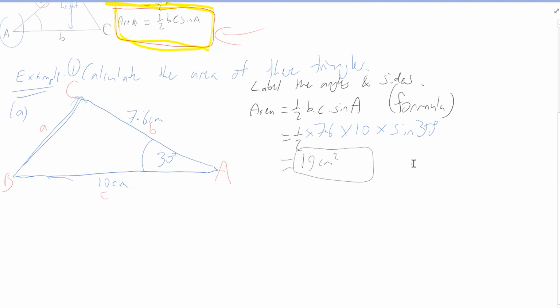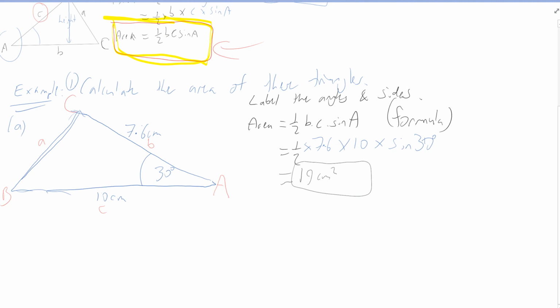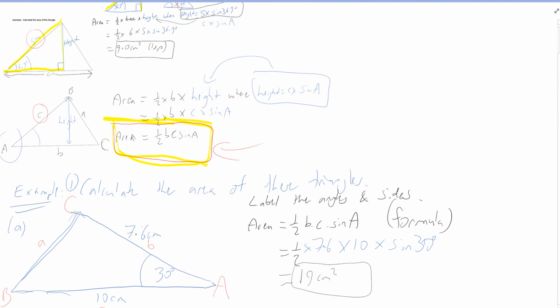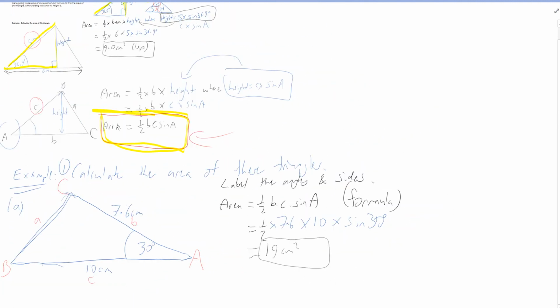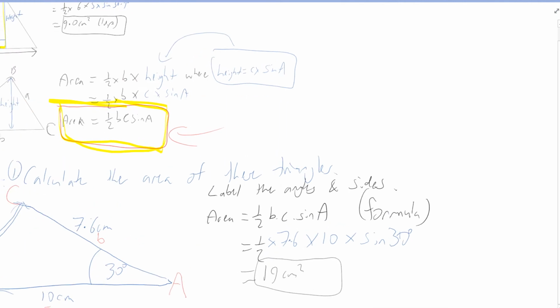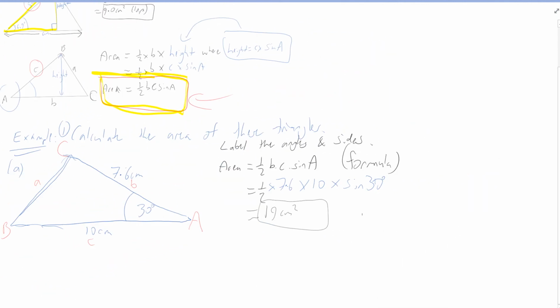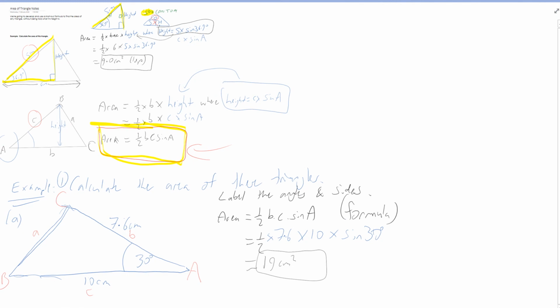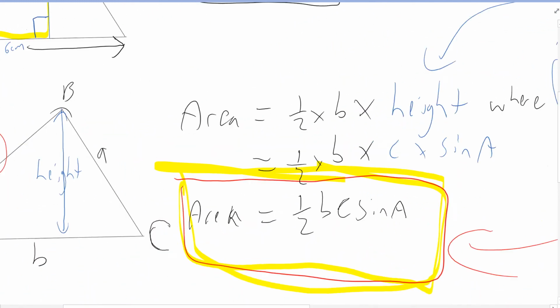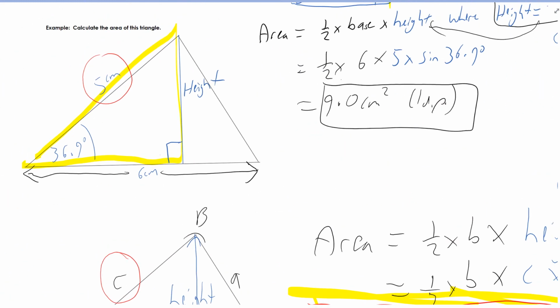Now, I want to think about what matters here and what doesn't matter. So, what do you notice about both these questions that we've done in terms of what we've needed to solve the problem? Well, in both of them, we've needed an angle and two sides. And what do you notice about which two sides we've needed? Well, if we zoom into the first one that we did, notice how the 36.9 degrees was in between the two sides that we used.